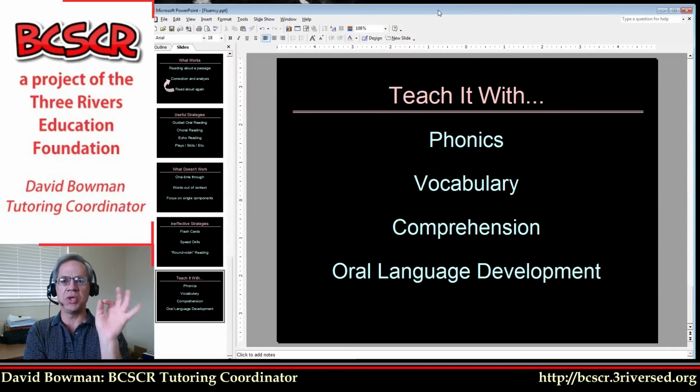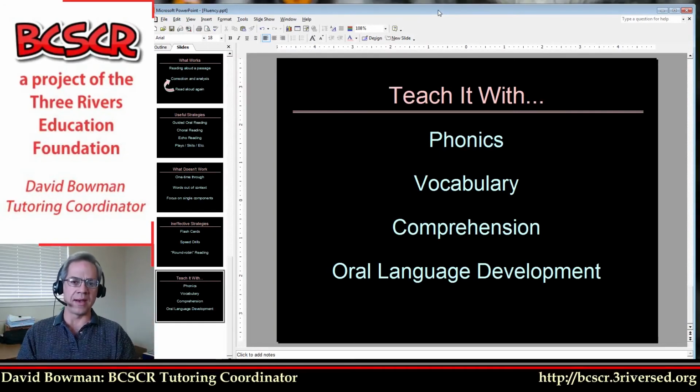And as students become more fluent through that whole correction and repeated process, one of the things that fluency does is it contributes to an understanding of how the language is supposed to sound. What are the natural rhythms in the language? What are the natural pronunciations? And what is the grammar? What is the syntax of the language?